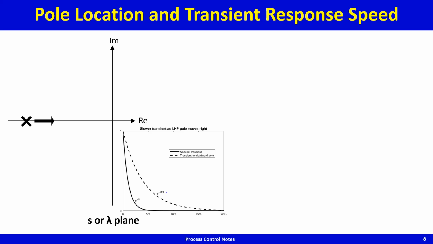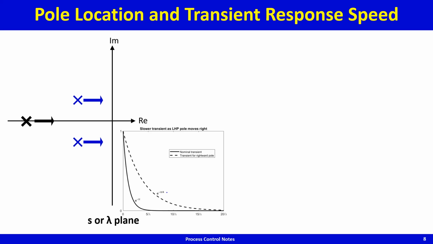Now let's say I have a complex conjugate pair, and again these roots move rightwards, and let's assume for the time being that the imaginary part remains the same. The real part moves towards the right half plane, so the imaginary part is fixed.